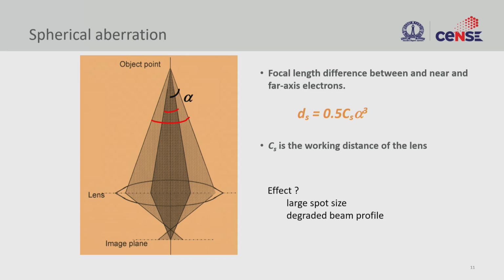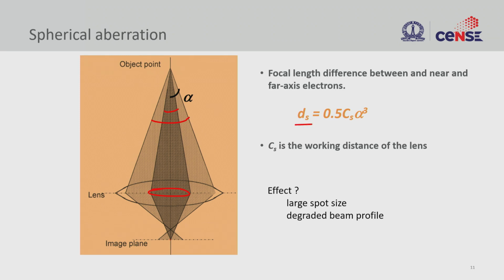Your focal point needs to focus all the electrons within the distribution at a single point, but you won't be able to do that because your lens is also not uniform. So you will have lens dispersion, and that is what is creating variation in the focal length as well.